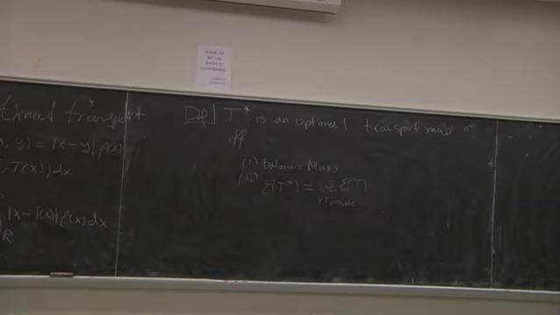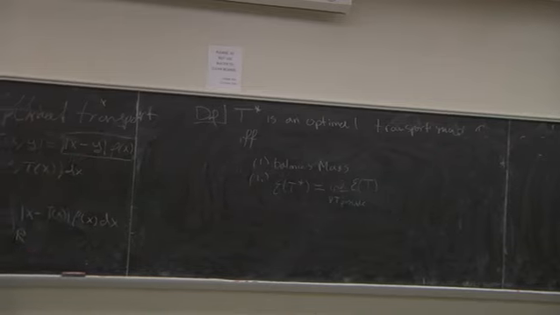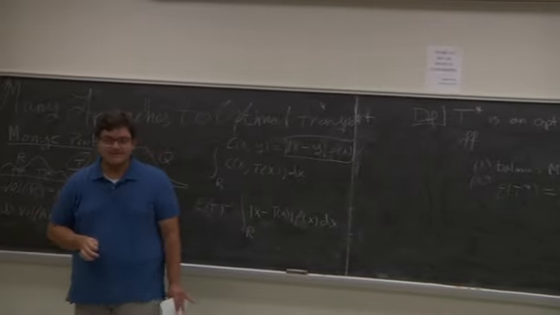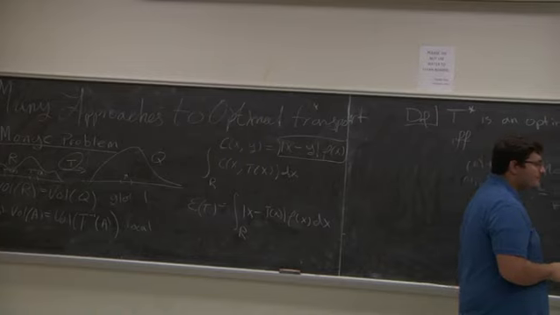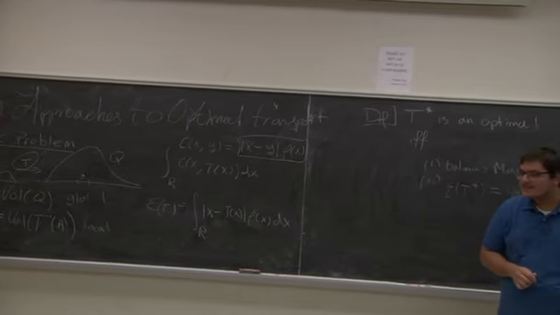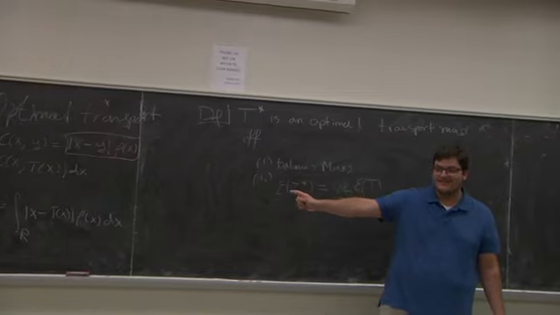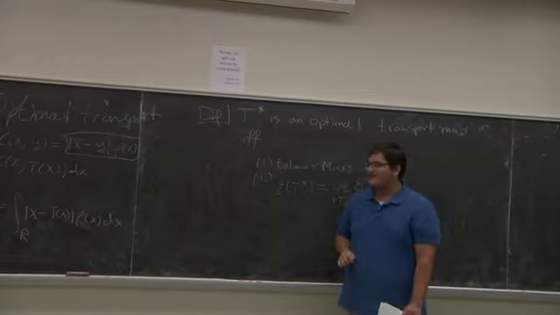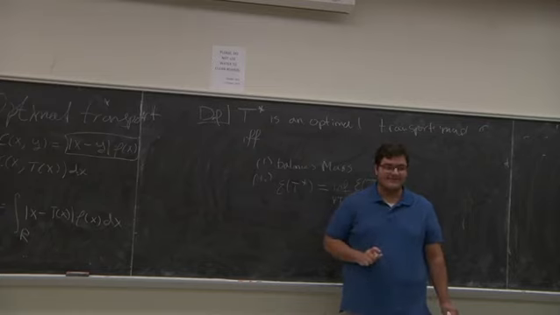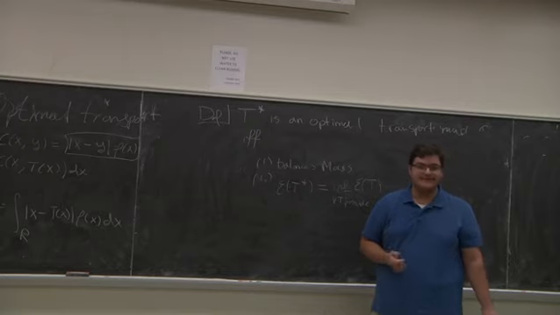Okay, so this problem with this cost actually turns out to be extremely hard. As a matter of fact, the problem with this cost wasn't really solved until 1980, and this was posed in 1790. It wasn't proven that there always exists a map until around 1980, and it turns out that the optimal transport map for this sort of thing is not unique.